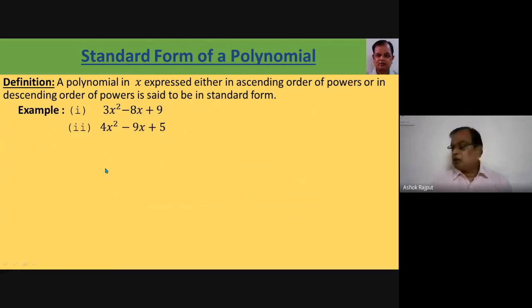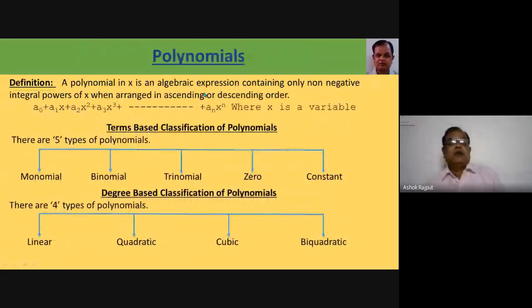Now we are going to explain the next topic, polynomials. About polynomials, first we have defined what a polynomial is and what expressions are. Now we want to know how many types there are.